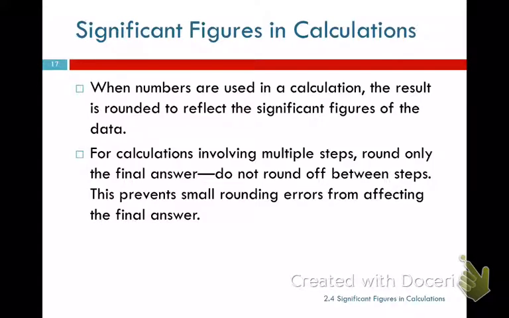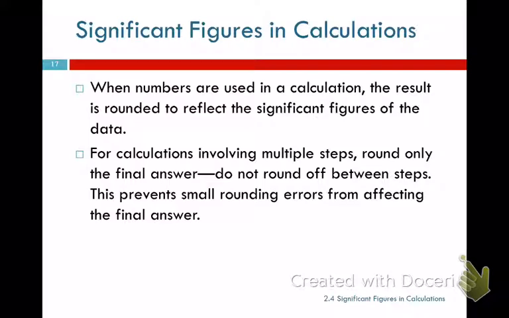When you do a calculation with numbers that you've recorded significant figures for, the answer should have significant figures expressed as well. It doesn't suddenly become imprecise or more precise just because you did a calculation. So you have to be able to track the significant figures in the calculations the correct way.